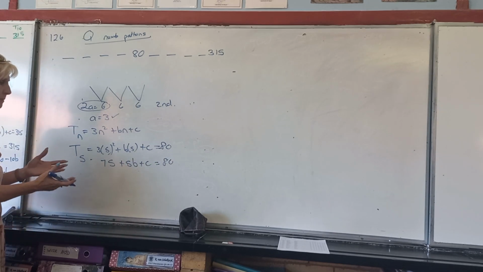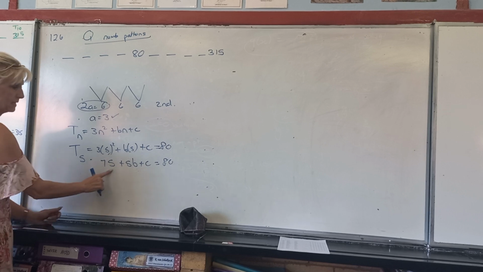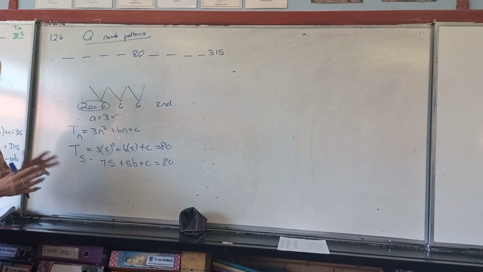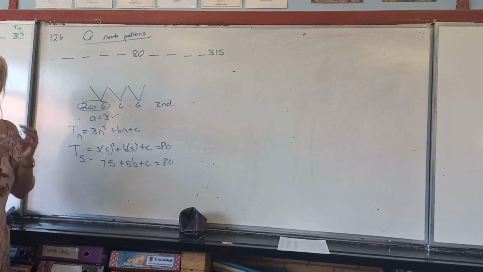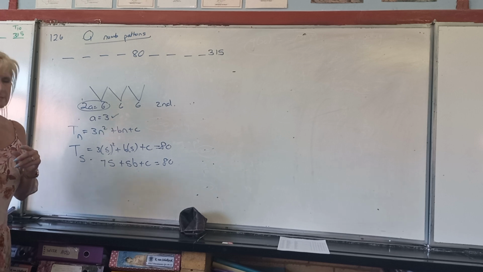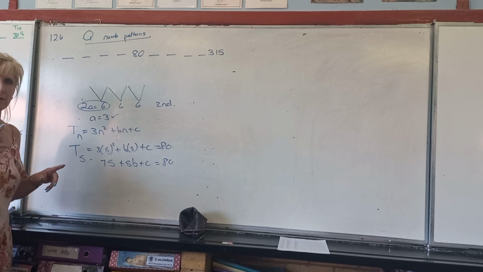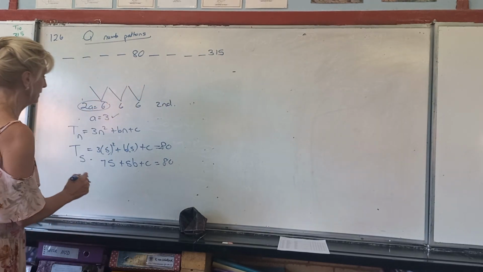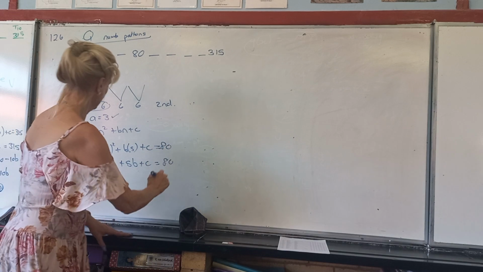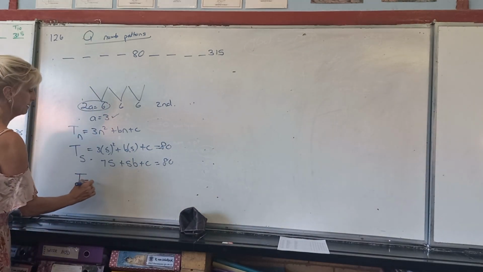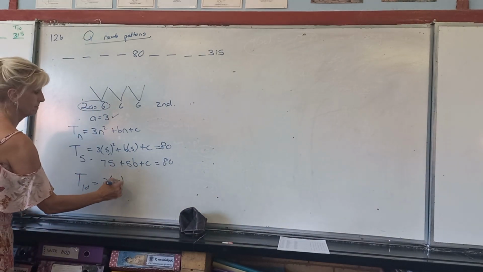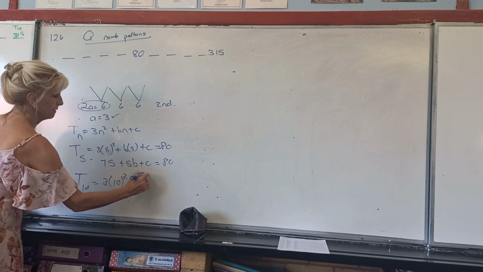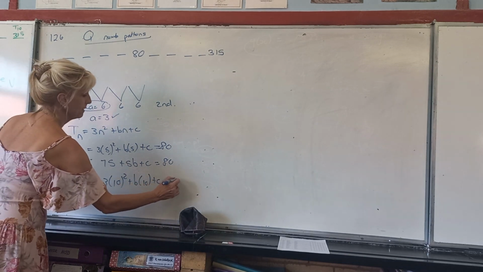Okay, I'm a little bit stuck. I can at least add the 75 and the 80 now or later, it doesn't matter, but I've got 2 variables. So in the back of your mind you're thinking, 2 variables means simultaneous equations, but then I need another equation. You do. And I've got another one. Because term 10 is going to be 3 times 10 squared plus b times 10 plus c, and the answer is 315.